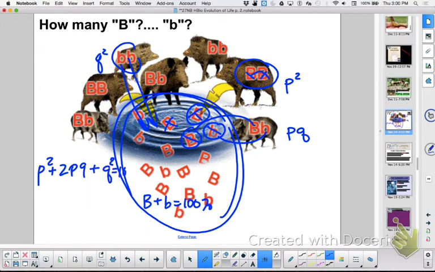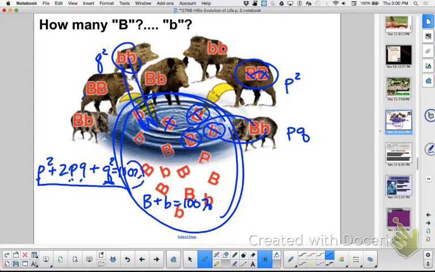And that's going to be 100% of all these animals out here. So this is referring to these guys out here. I'm either 2 big B's, I'm big B, little b, or little b, big B. That's why there's a 2 here, right? Either way, it turns out the same. And that's why we can put 2 and not write PQ plus QP. And then this one, I'm little b, little b.